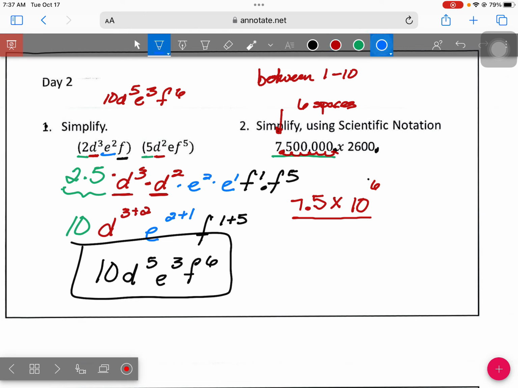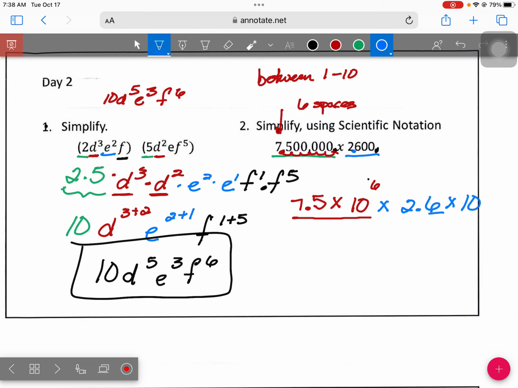Now, my second number is not a huge number, but it does have some zeros in it. But I want to change it into scientific notation. So I'm going to place my decimal point after the first non-zero number. So that's going to be what number? 2.6, right? So this is times 2.6, and it's always times 10 to some power.